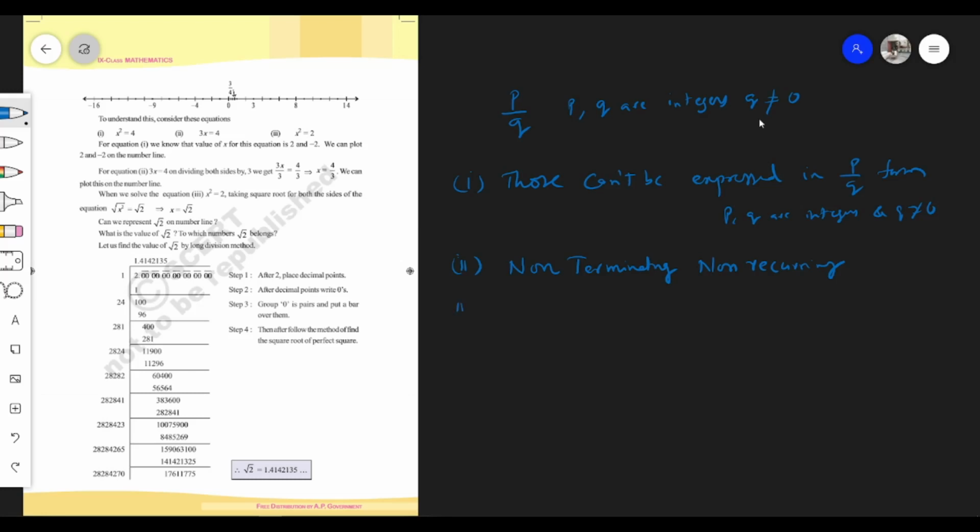And third one, this makes me interested. Suppose we have filled the number line with all the available rational numbers. Of course, rational numbers are a huge list. It has no ends, no boundaries. But however, think that we have filled the number line with all the rational numbers.